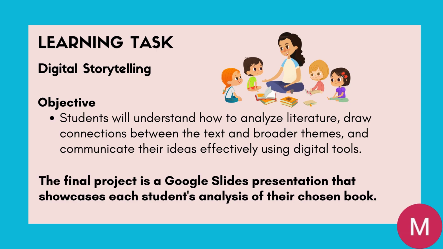It also works with backward design by first establishing what your end goal is, what you want the students to learn and achieve by the end of the learning task. The end result is that they're able to analyze the literature, make connections, and communicate their ideas effectively.